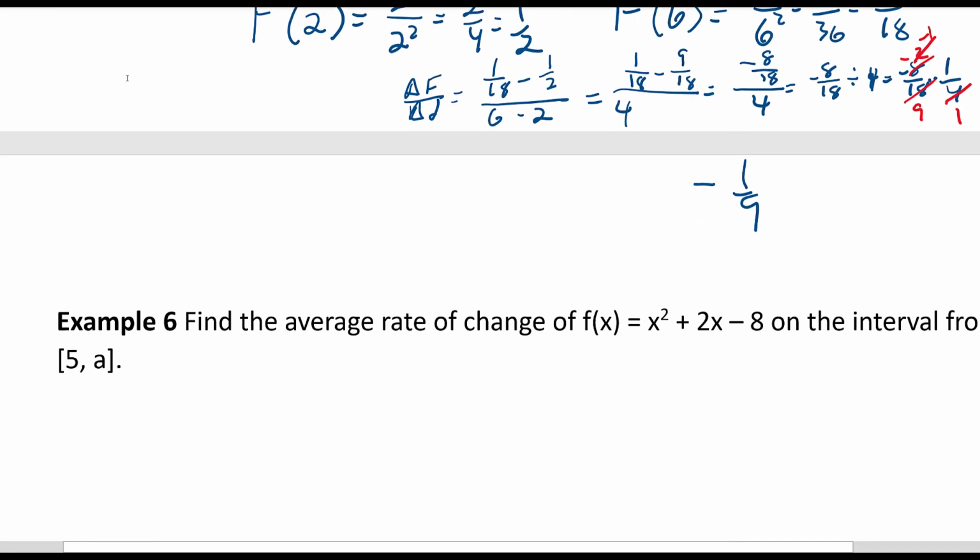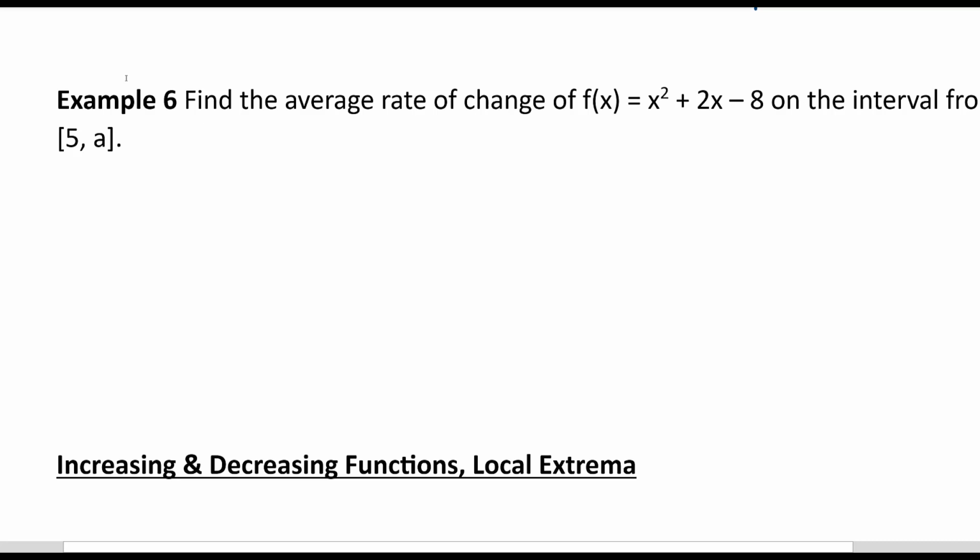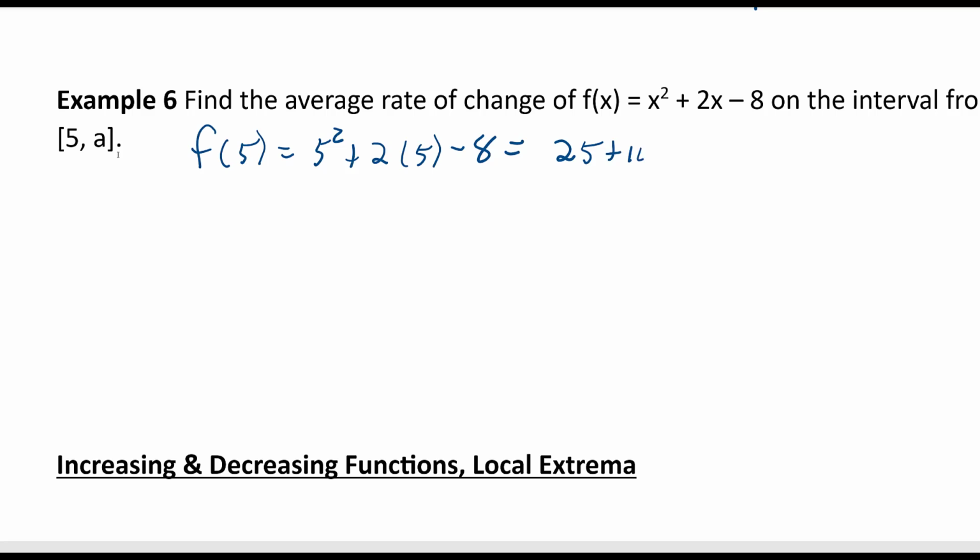Okay, let's go on to example 6. Find the average rate of change of f of x equals x squared plus 2x minus 8 on the interval from 5 to a. So f of 5 is going to be 5 squared plus 2 times 5 minus 8. So 25 plus 10 minus 8.